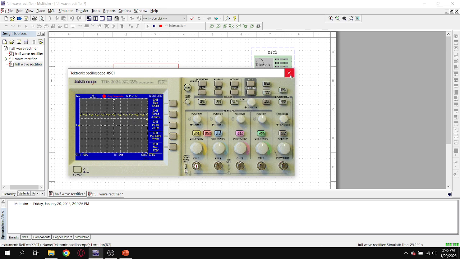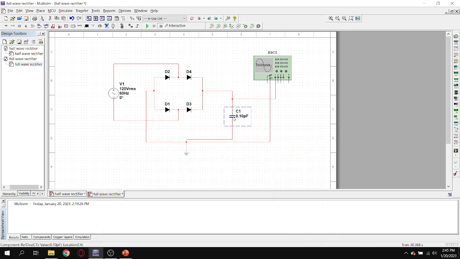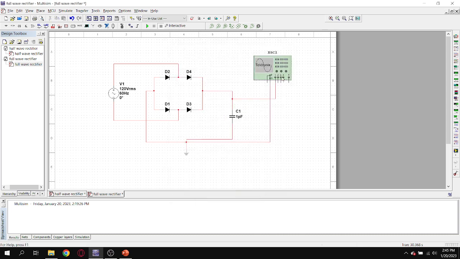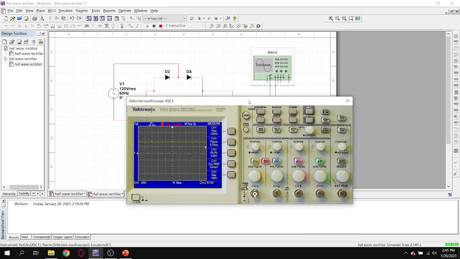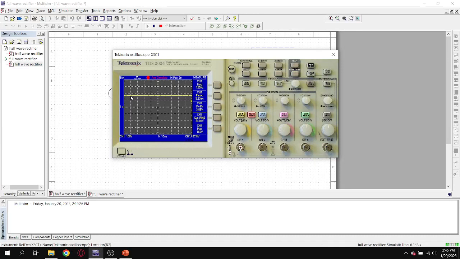And we test it out with a bigger value of capacitor. Let's just say 1. And now we see the waveform.